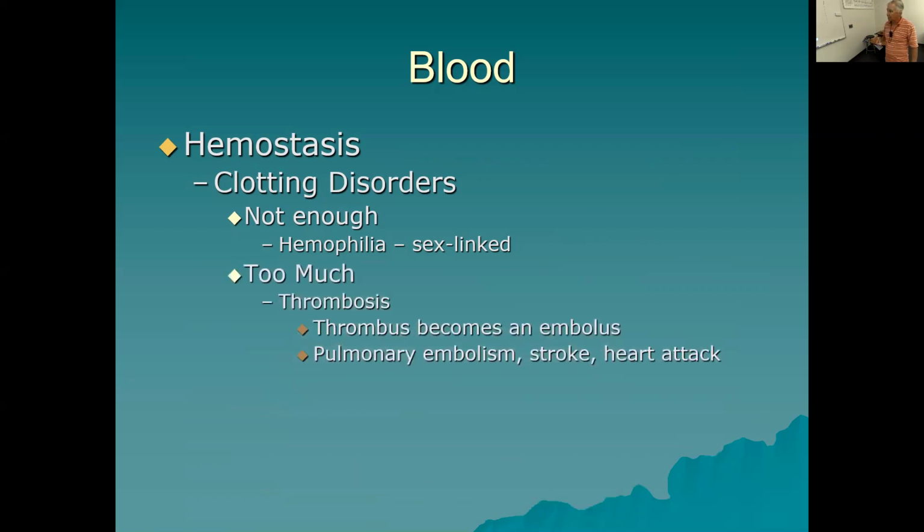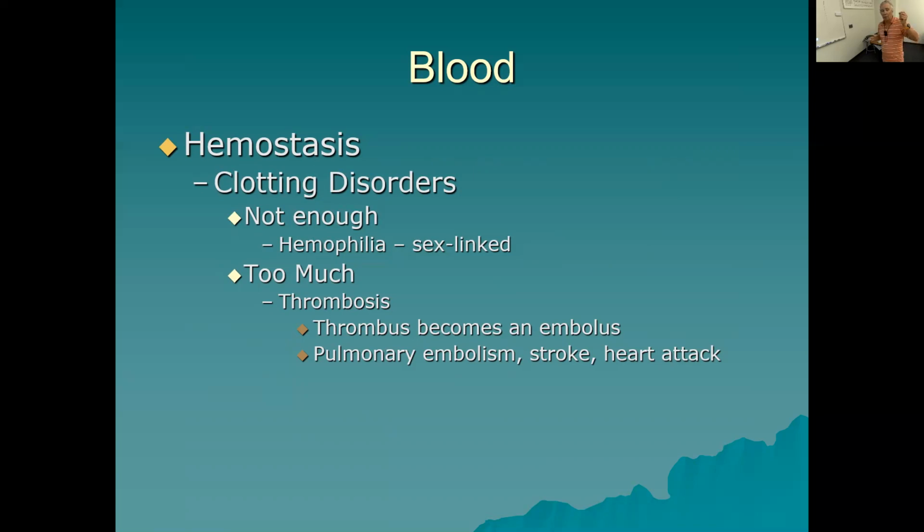Too much clotting can cause what's called thrombosis. Thrombosis is an inappropriate clot. That inappropriate clot can form somewhere, and this can happen through inflammation. It may break off as an embolism, which is a floating clot.